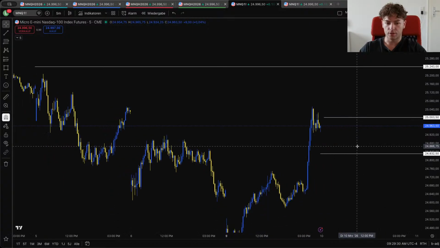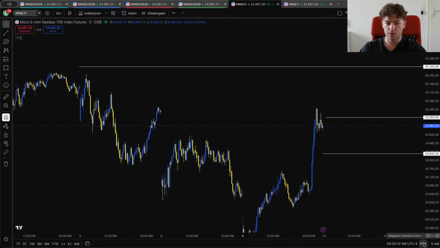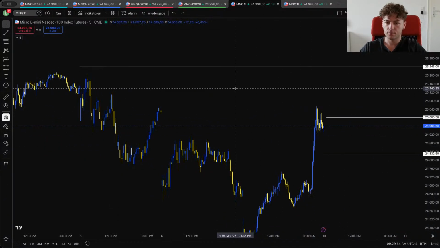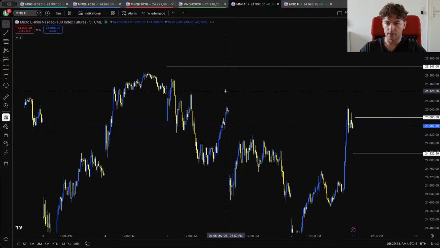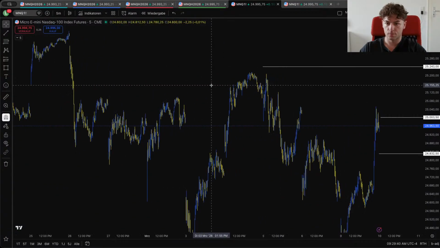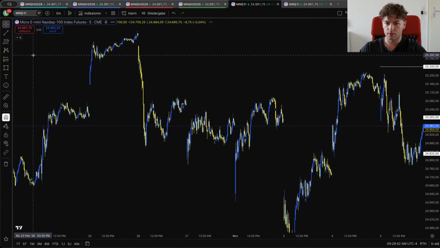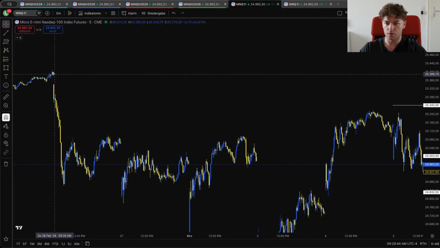and also on the RTH chart we have obvious buy side liquidity right here, and we have this opening range gap which is still imbalanced, not efficiently delivered, so this is still inefficient.